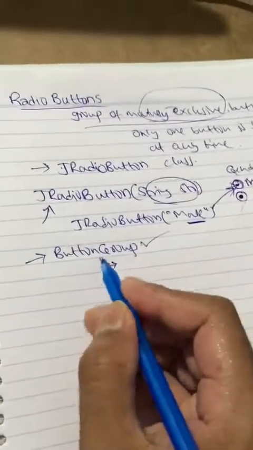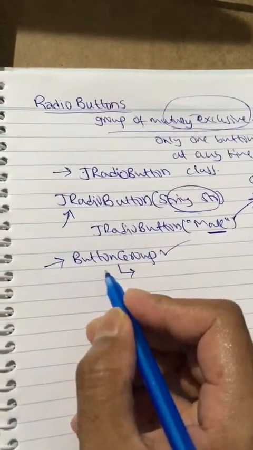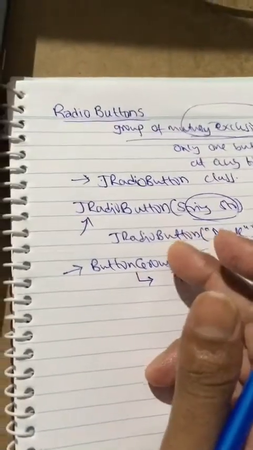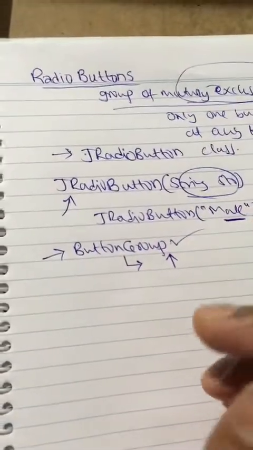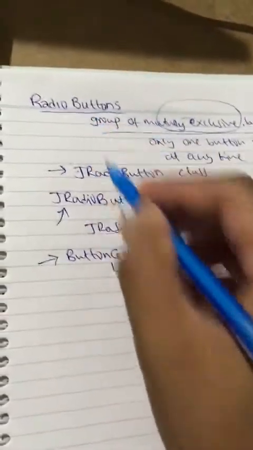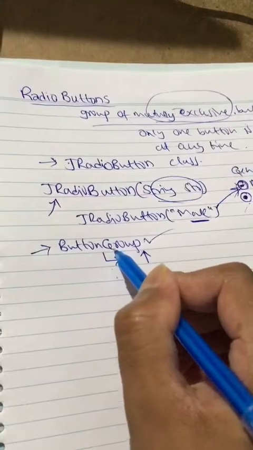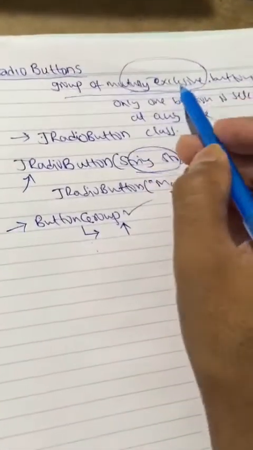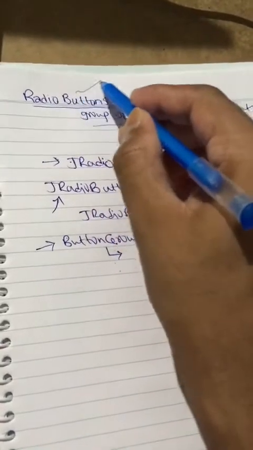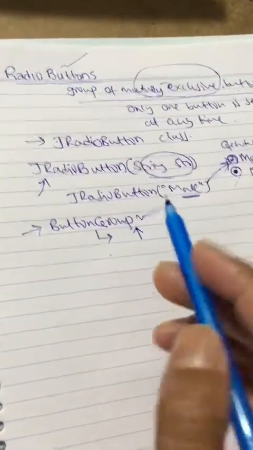A button group is created by using the default constructor, that is ButtonGroup. We will see that in our program. We add all the radio button elements to this button group. In order to achieve the mutually exclusive nature of radio buttons, we need to add all radio button elements to the button group. Remember this point.